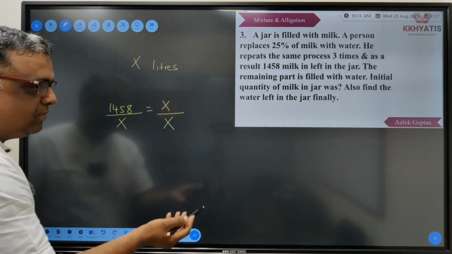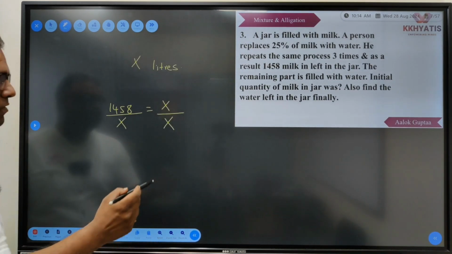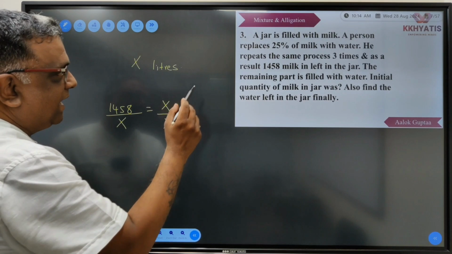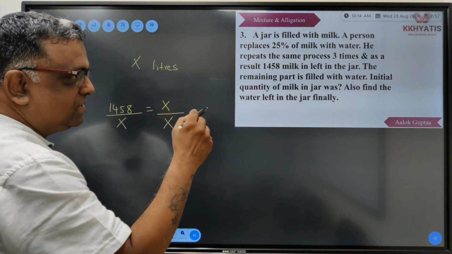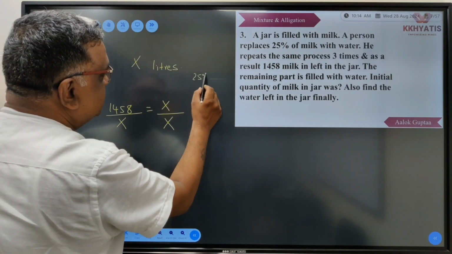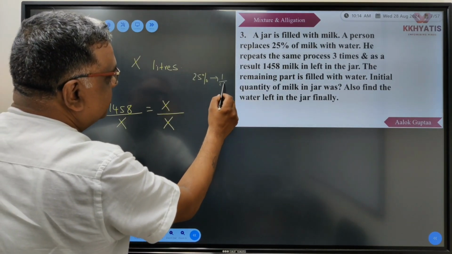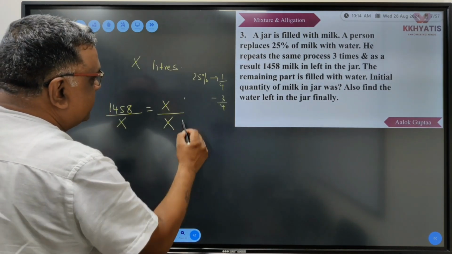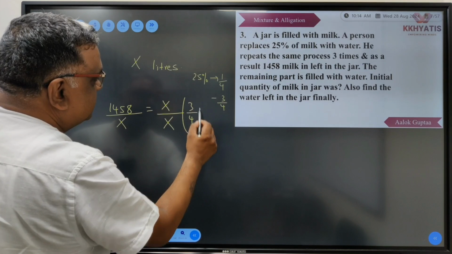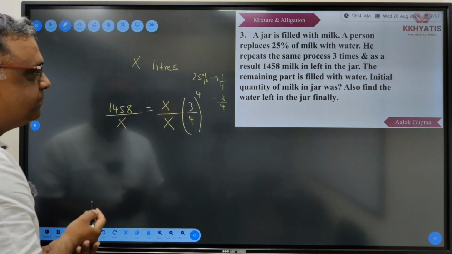The total initial quantity was X only because the jar was completely filled with milk. And we have done this process 4 times and 25% is replaced. So 25% is replaced means fraction removed is 1 by 4. So fraction left is 3 by 4, that is 1 minus 1 by 4.